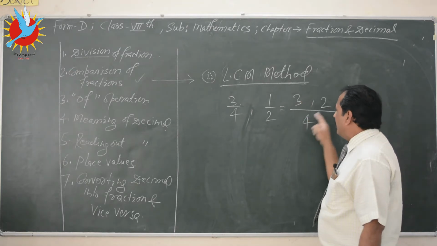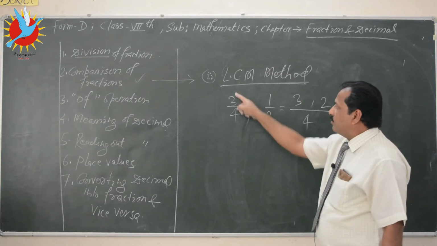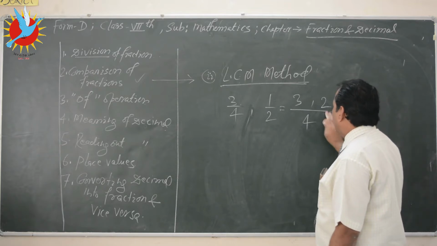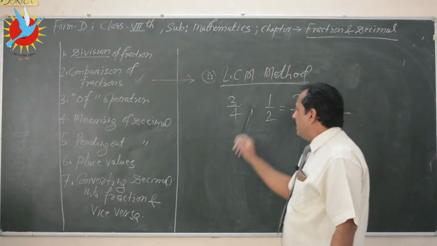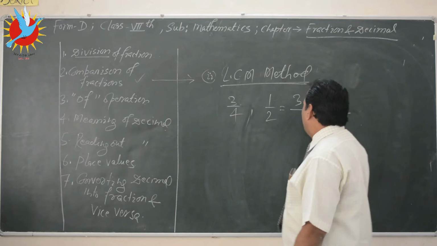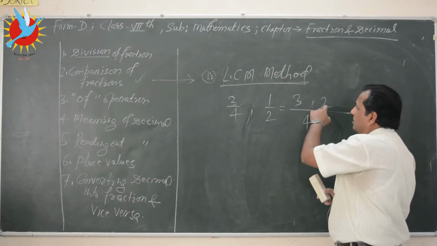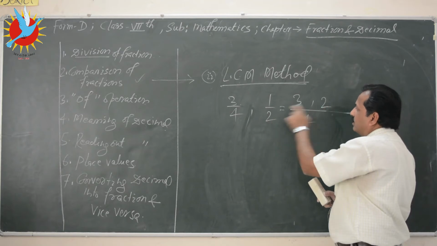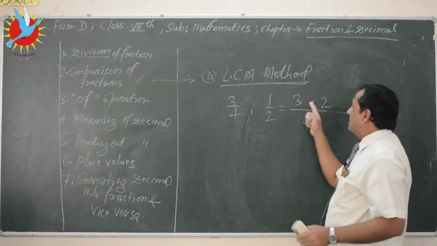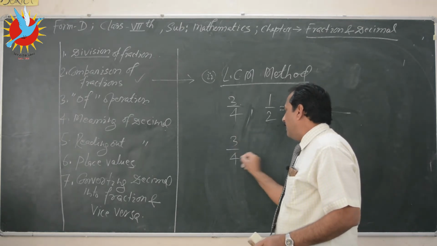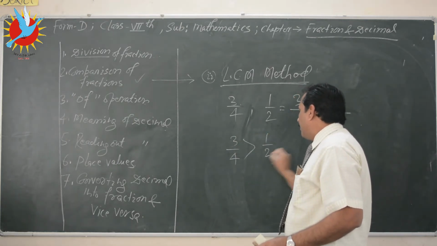So this is 3 and this is 2. So 3 is for 3 by 4 and 2 is for 1 by 2, the second fraction. So 3 is greater than 2, therefore 3 by 4 is greater than 1 by 2.